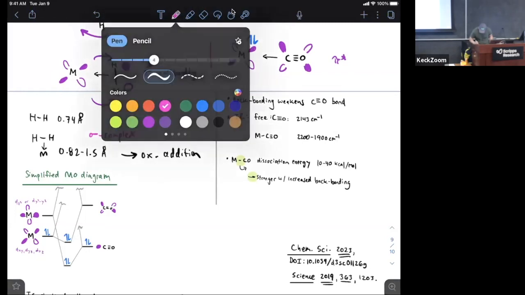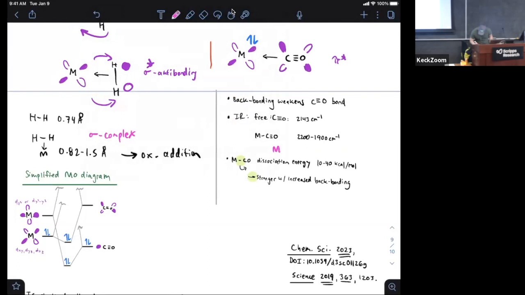One is you have a metal CO, and the CO is basically still a triple bond. And the other is that the back bonding interaction is so strong that it becomes almost a double bond. And now your CO is a double bond.